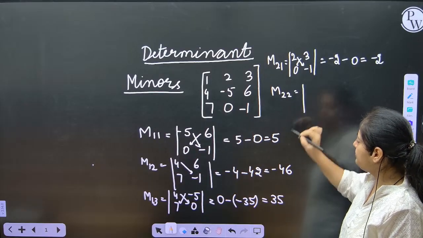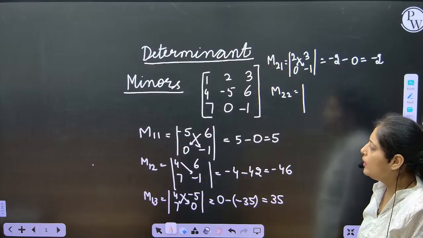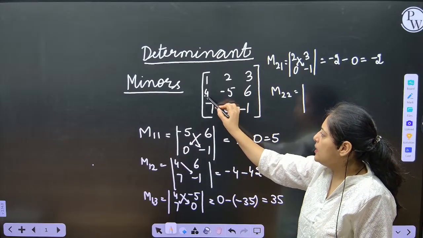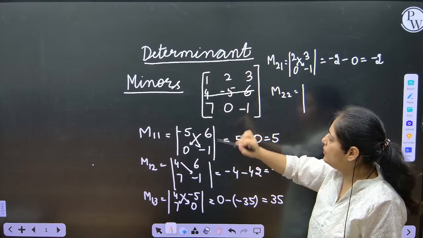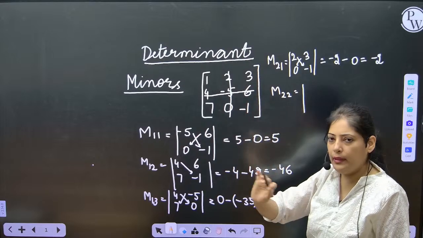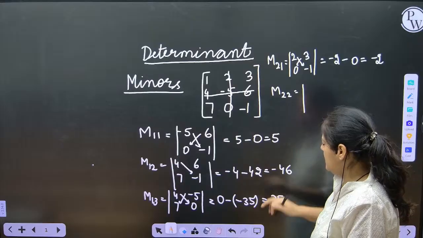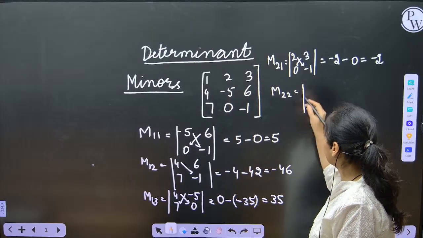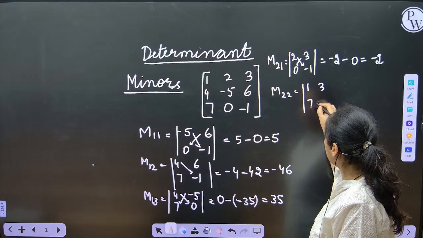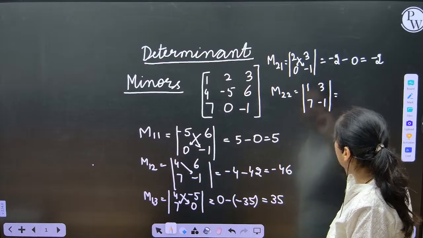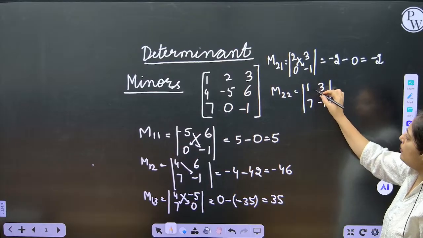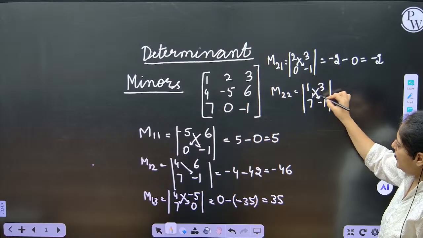M22. M22 means second row, second column. Leave them. Which numbers are left? 1, 3, 7, minus 1. Diagonally multiply and subtract.